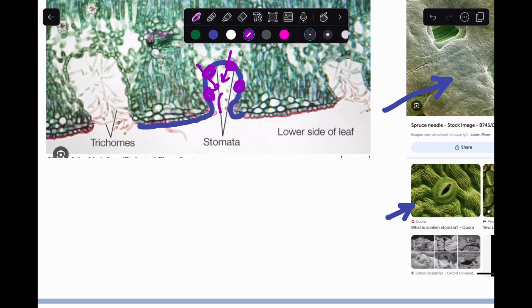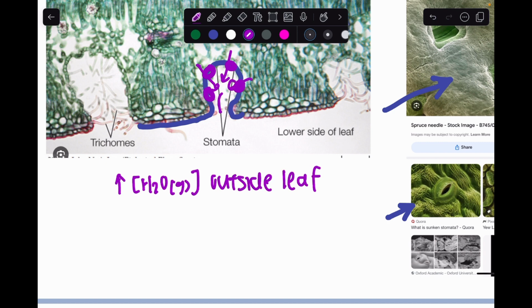So this causes there to be a higher concentration of water vapor near the leaf, because all the water gets trapped. Can you see? Everything that diffuses out will just remain inside here.